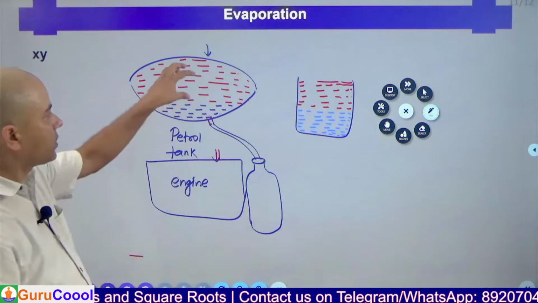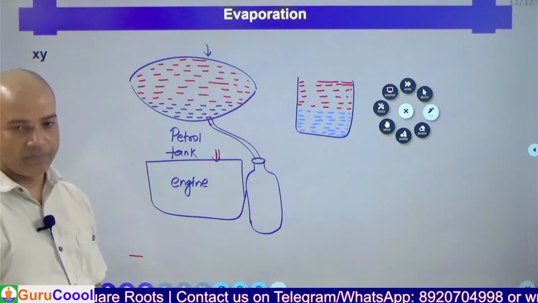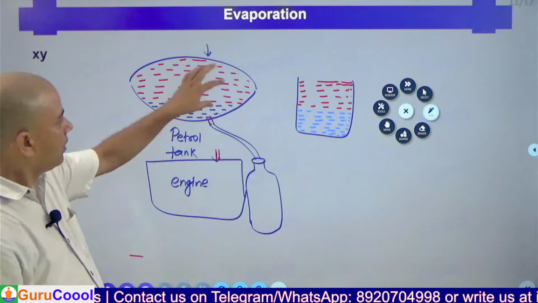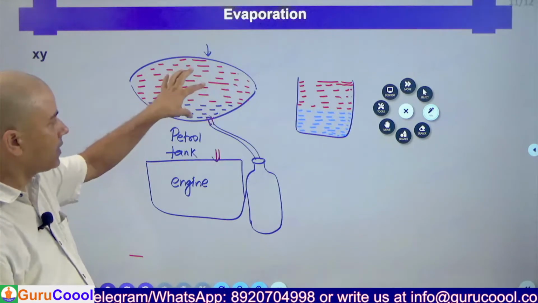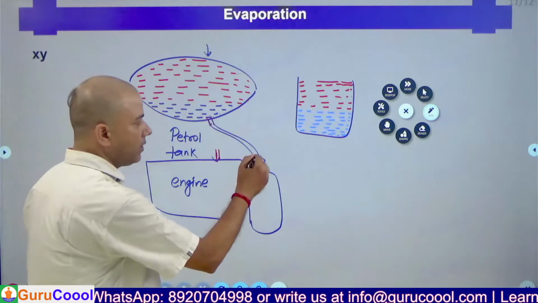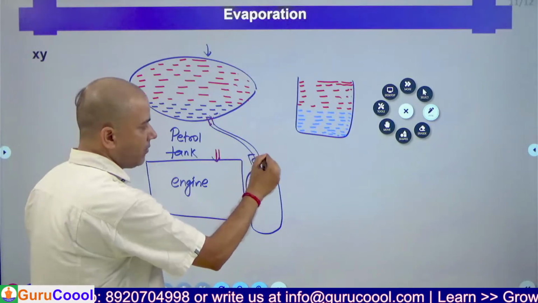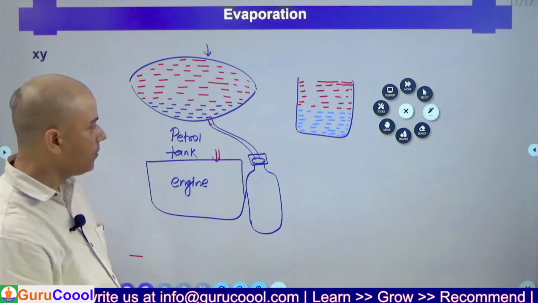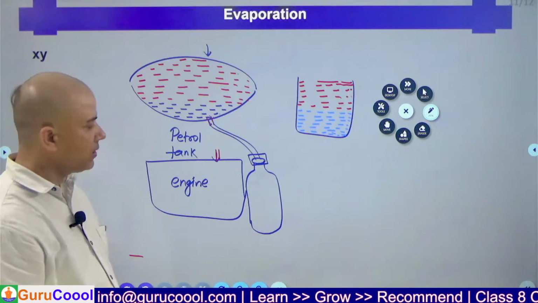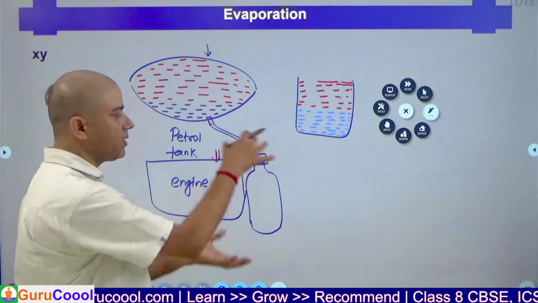So all the mixture got collected here. Once the tank is completely empty, he covers it with the cap of the bottle. It was airtight. Now he turns it upside down.